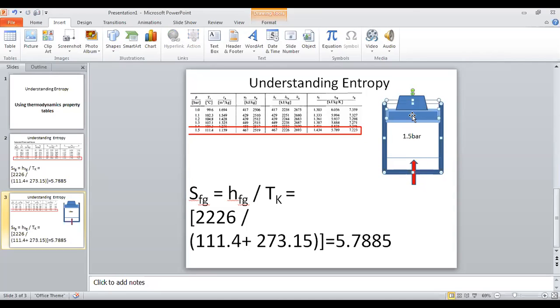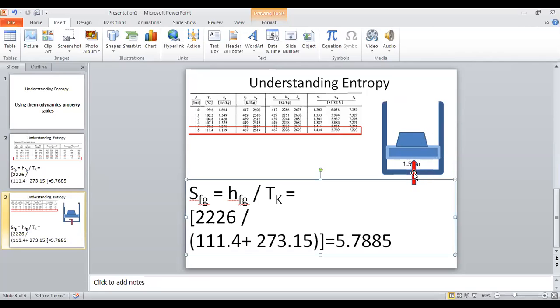Initially you have 100% water, only this, but you have 1.5 bar pressure here. Water only, 1.5 bar. You just start heating this up.